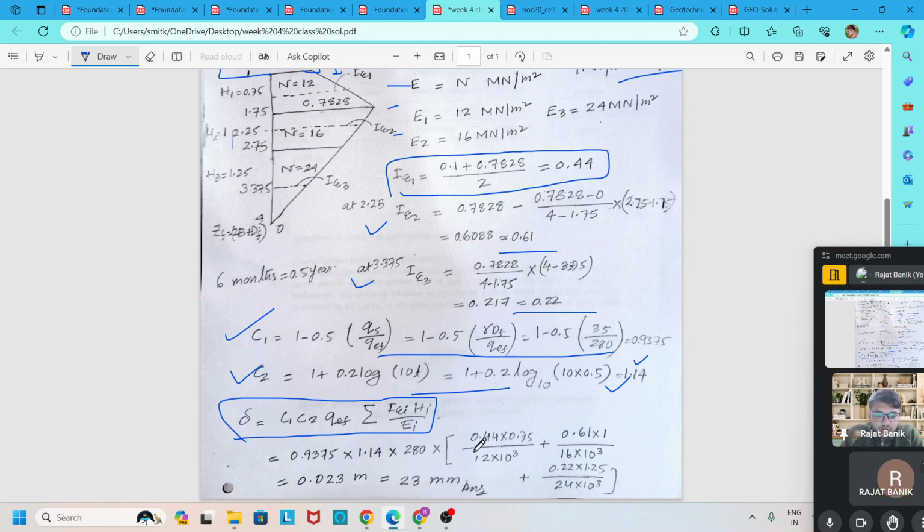Put in all these values and we get our elastic settlement. The total elastic settlement is about 23 mm based on Schmertmann's influence factor method. The answer is 23.